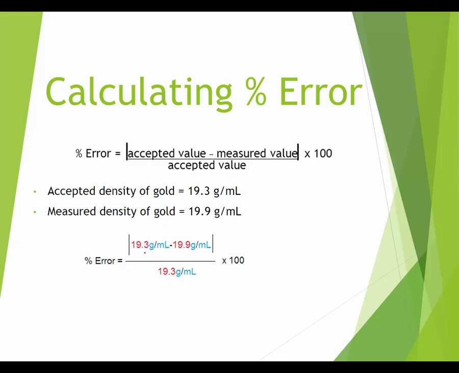Subtraction only, I'm thinking decimal places. My weakest link has 1 decimal place, so I want to call it -0.6 gram per milliliter. But then I take the absolute value of it and I get positive 0.6 gram per milliliter for just the numerator.